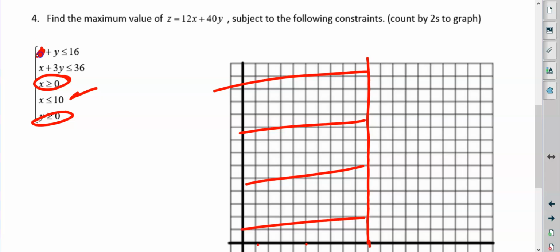All right, over here we're going to do cover-up methods. So that's going to be 16 and 16. So 1, 2, 3, 4, 5, 6, 7, 8, 9, 10, 11, 12, 13, 14, 15, 16. This is not good because it's off. And then 10, 11, 12, 13, 14, 15, 16. Okay.